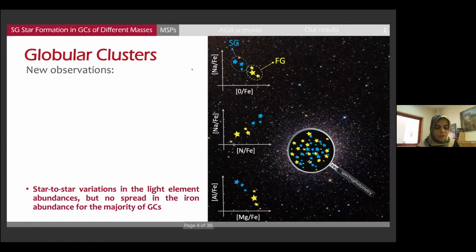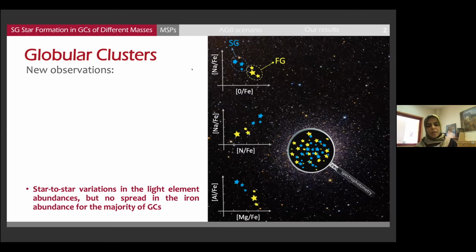The population with normal chemical composition is referred to as the first population or first generation, FG in my talk, and the other population, which shows anomalies in light elements like sodium, magnesium, aluminum, and so on, is referred to as the second population or second generation, SG in my talk.